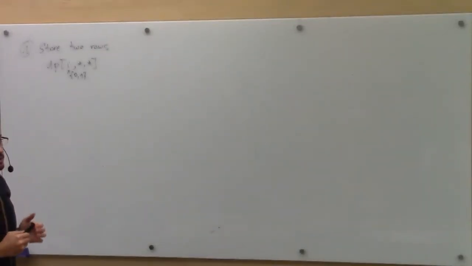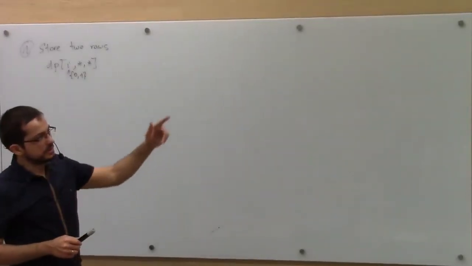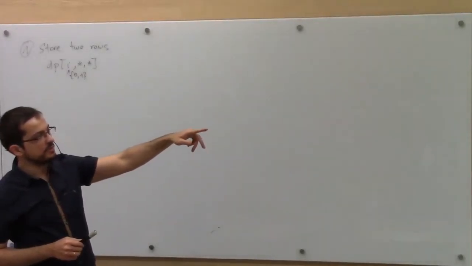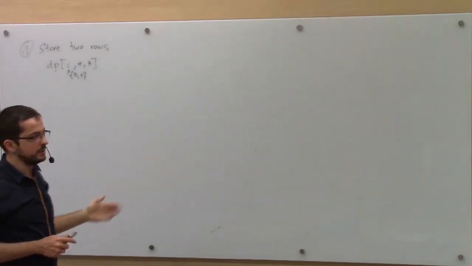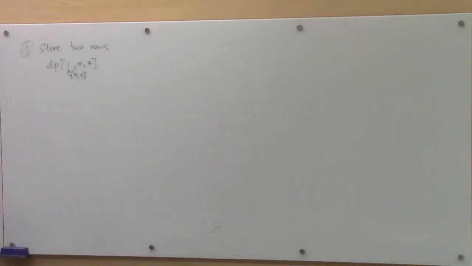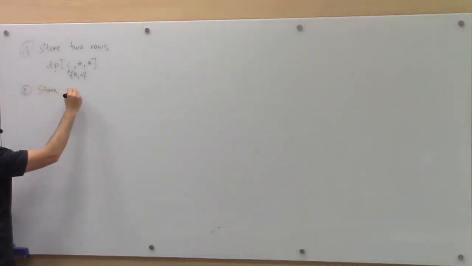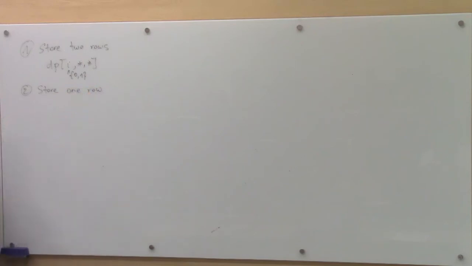This is the standard trick we can use, and thanks to that, the memory requirement is not n times d times a, it's just d times a. But we can do one more trick here, and actually we can store only 1 row.